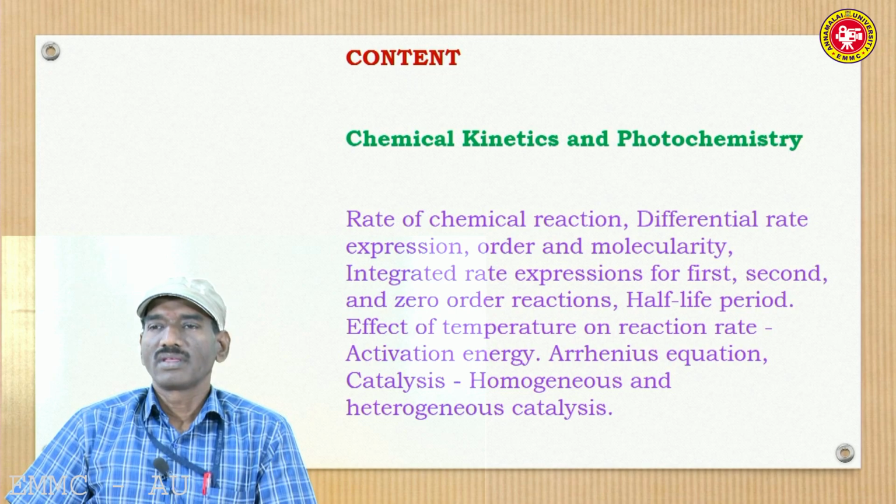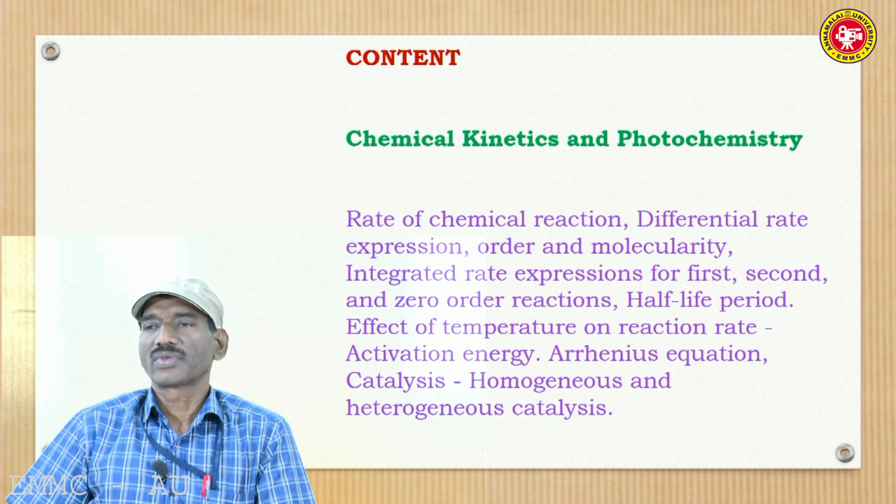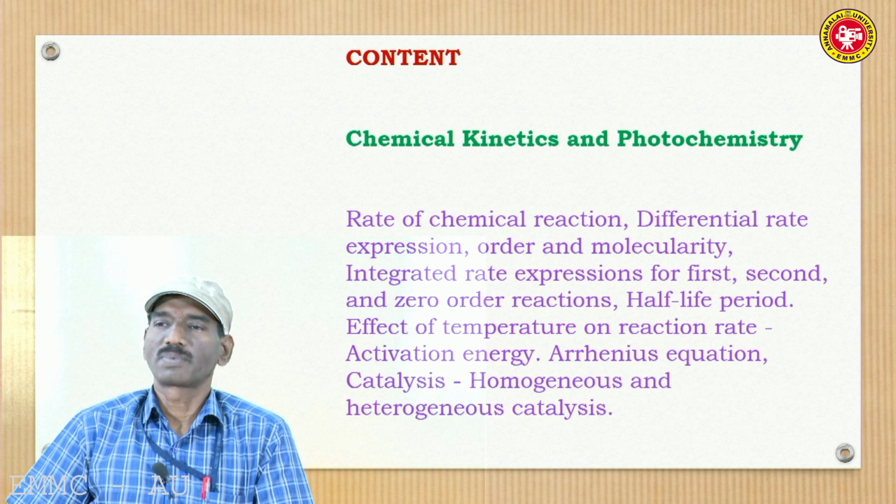First we are going to consider chemical kinetics: the rate of the reaction, differential rate expressions, order and molecularity, integrated rate expressions for first order, second order and zero order reactions, half-life period, effect of temperature on the reaction rate, activation energy, Arrhenius equation, catalysis, homogeneous and heterogeneous catalysis.